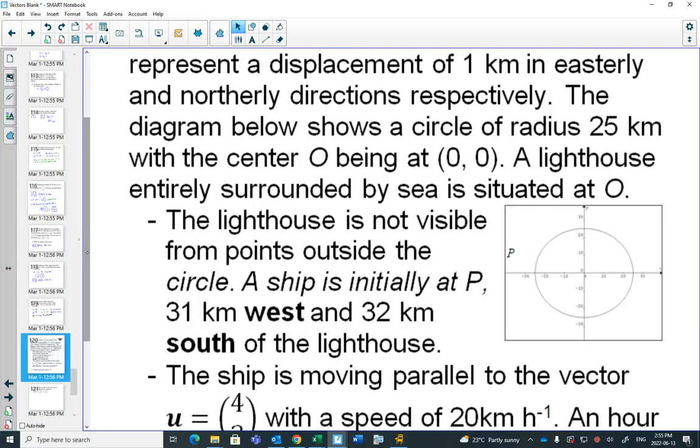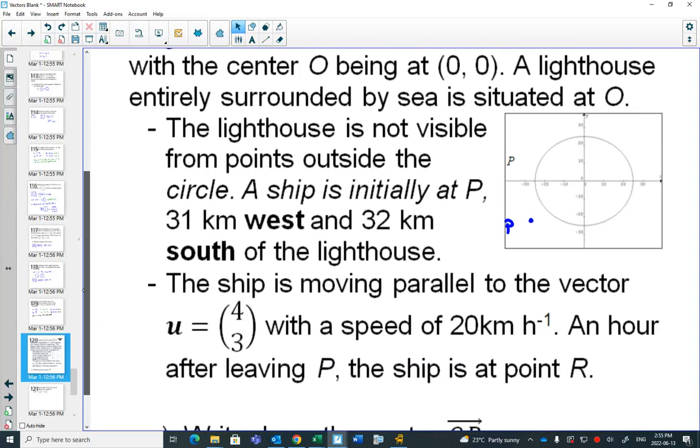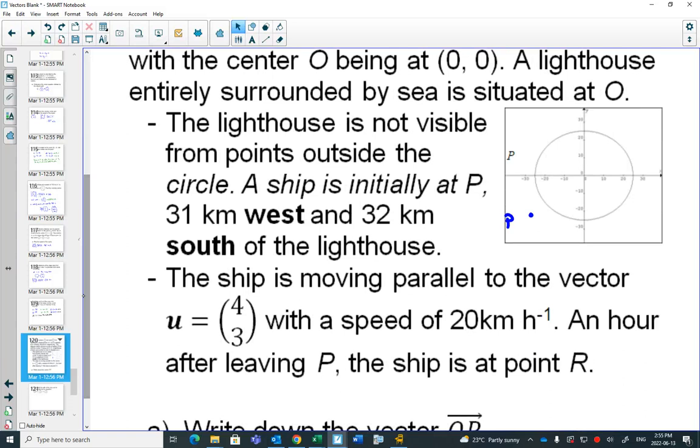A ship is initially at point P, 31 kilometers west and 32 kilometers south. So this should be about there where P should be. The ship is moving parallel to the vector (4, 3). So this means it's moving 4 in the x direction, which would be to the east, and 3 up, which would be to the north.